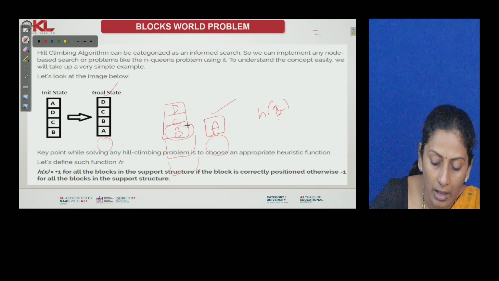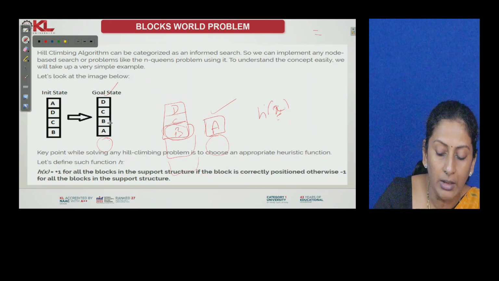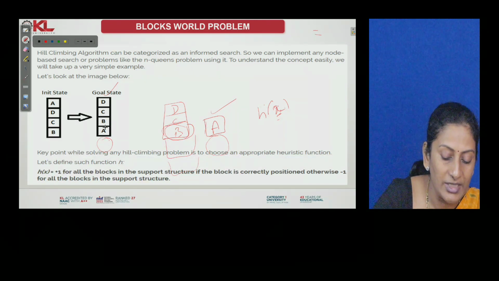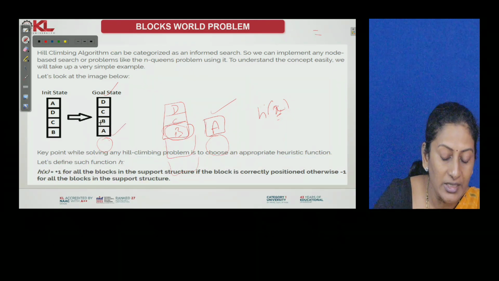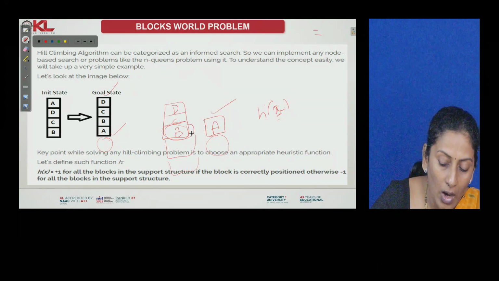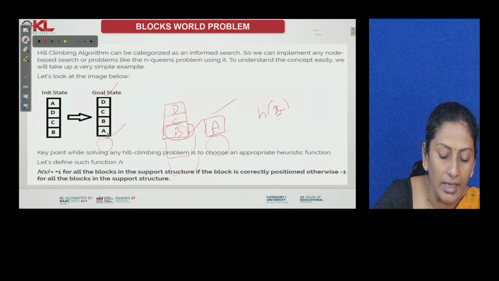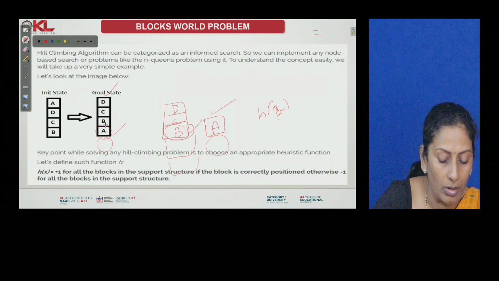And check for B. For B, I am checking the supporting structure. The supporting structure for B in the goal state is A. Supporting structure means the blocks under the block we are considering. So under B, in the goal state there is one block, right?